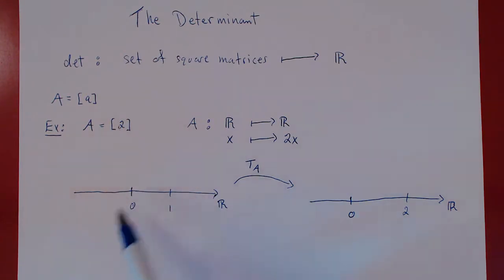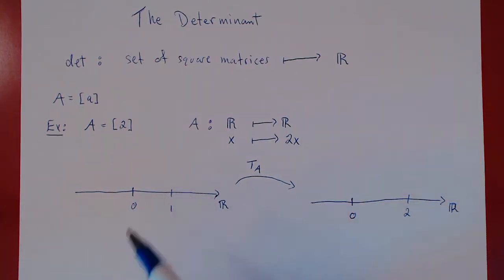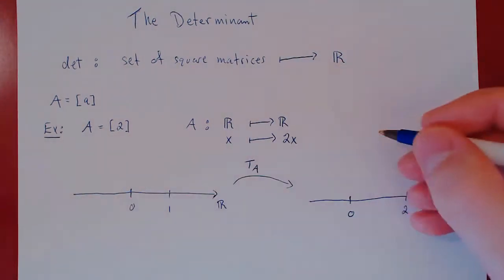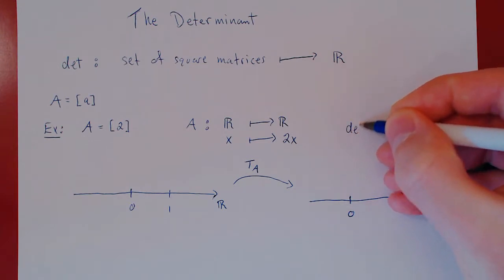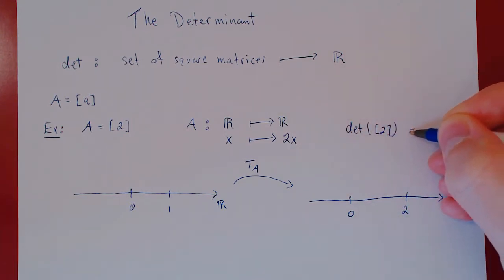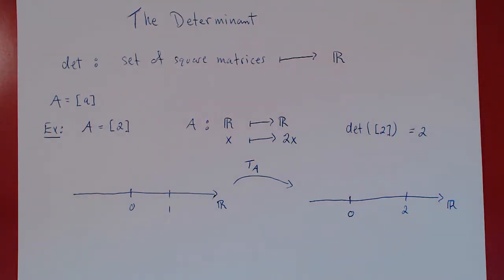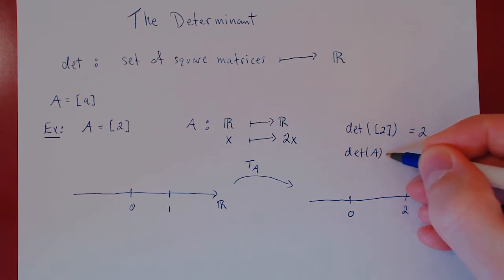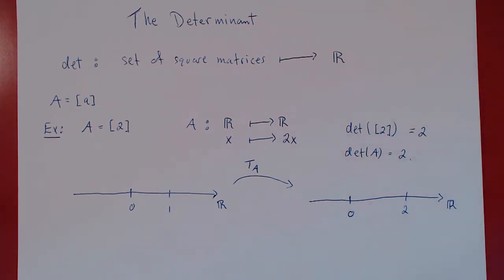If you multiply real numbers by 2, what's changed is everything is twice as long. And so in this case, the determinant of the matrix 2 is simply 2. So the determinant of A is just the single entry if A is a 1 by 1 matrix.